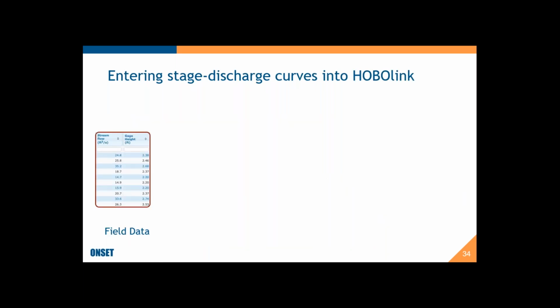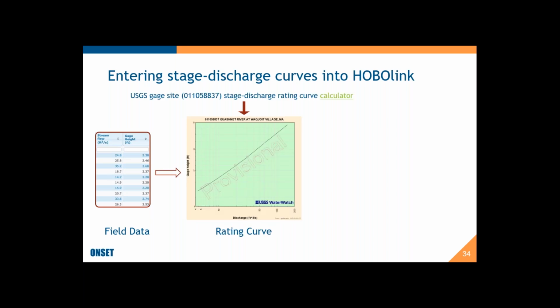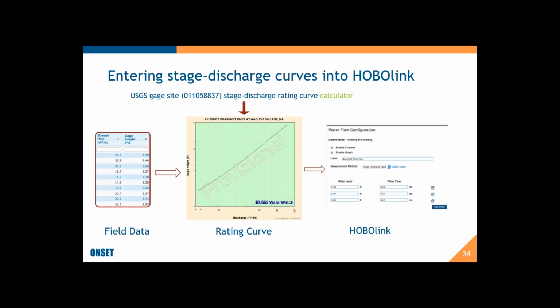Now, how do you enter that into HOBOlink? First, you have to have your field data. You've entered that into, perhaps, a rating curve generation program, such as the USGS Water Watch program, and they have calculators for that. Then you take points off of that curve that whatever software you're using generates, and you enter in the gauge heights and the discharge at several points.